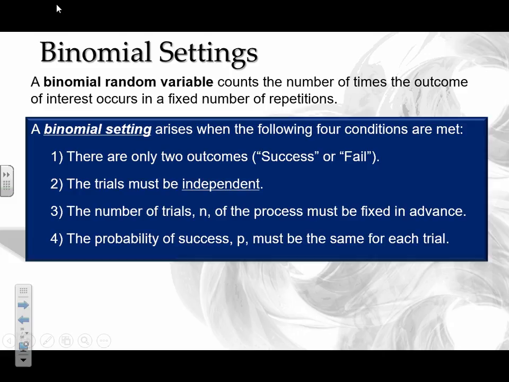So each time I go back and do whatever process I'm applying, whether it's flipping a coin, every time I flip the coin, I have a 50-50 shot at heads or tails, whichever one happens to be a success. Okay? So every single trial has to have the exact same probability for success. So when all four of these conditions are met, then we have what's called a binomial setting.